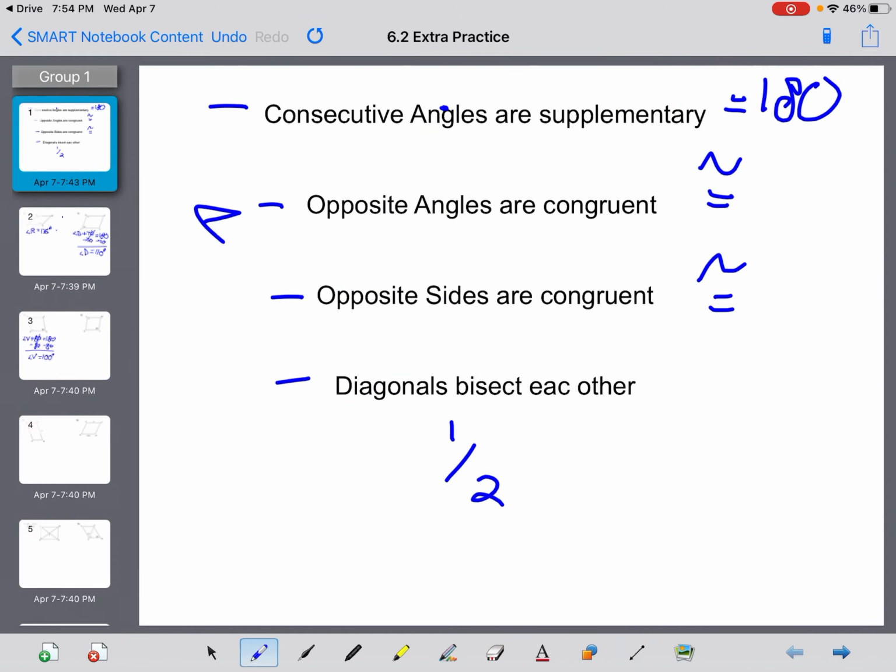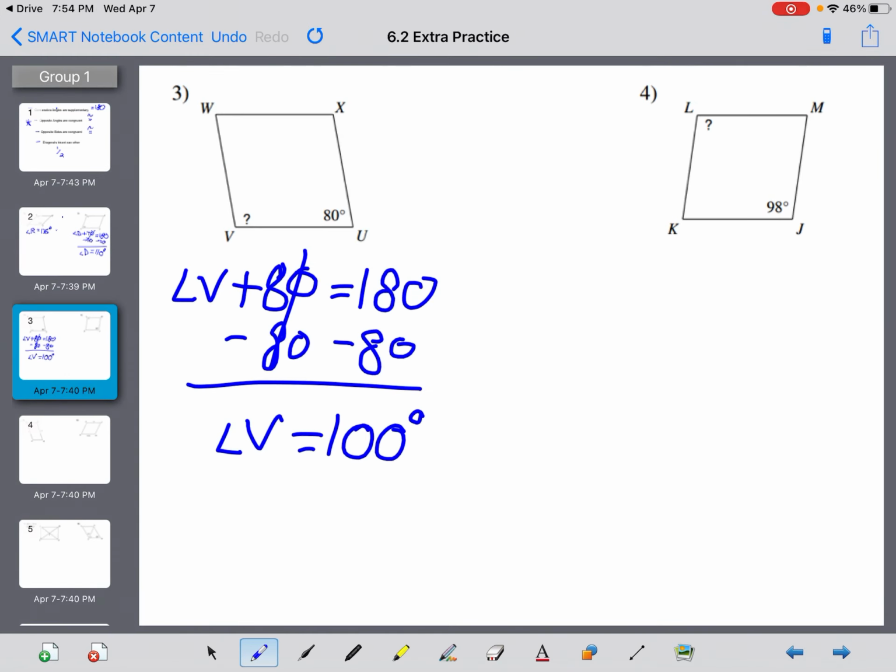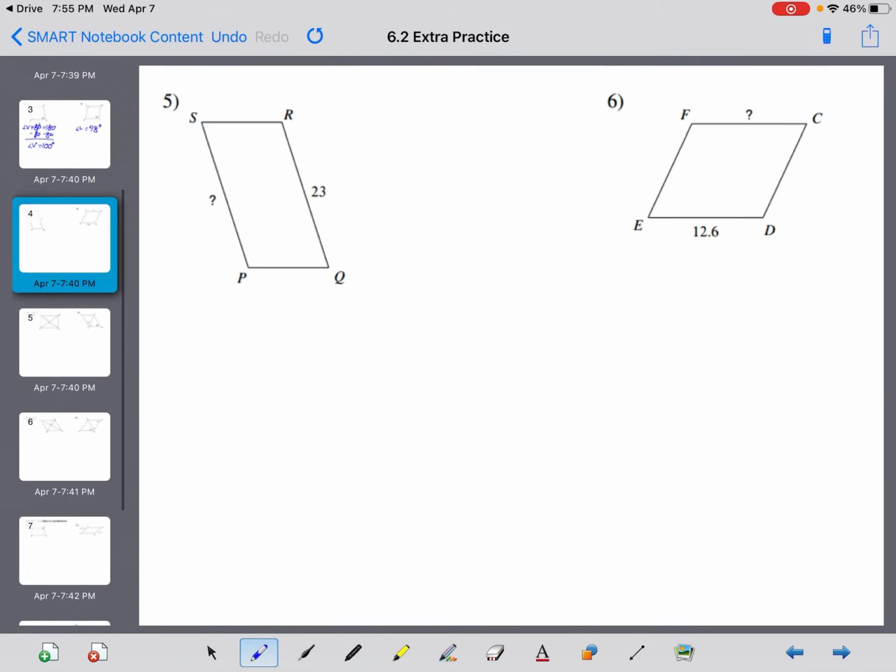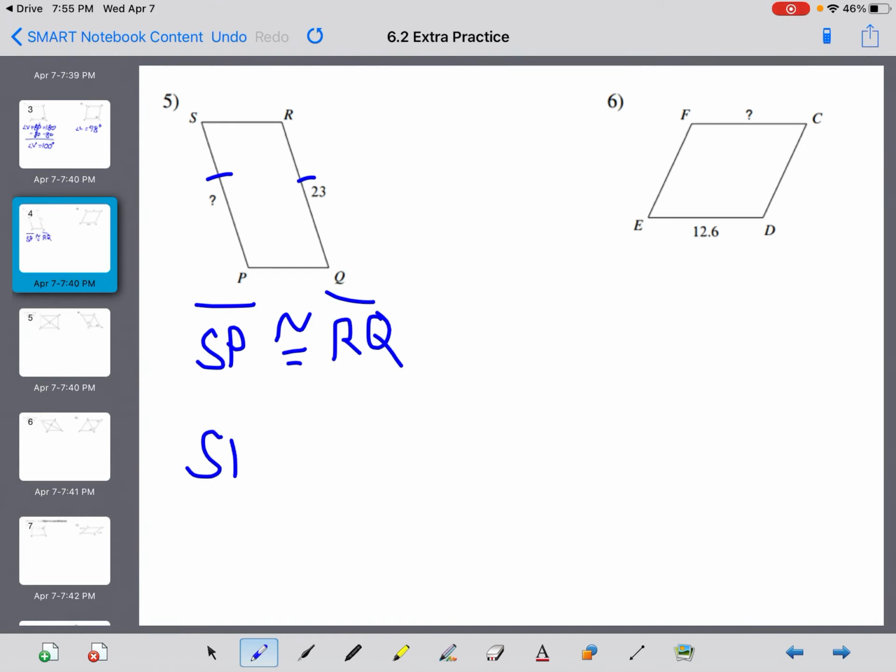Opposite angles are congruent, which means that angle L is equal to 98 degrees. Number five, we have opposite sides. Side SP is going to be congruent to RQ, which means if these two sides are congruent, that SP must equal 23.